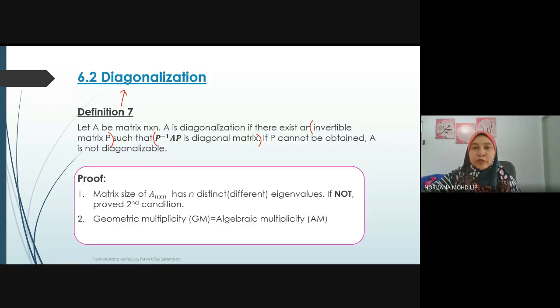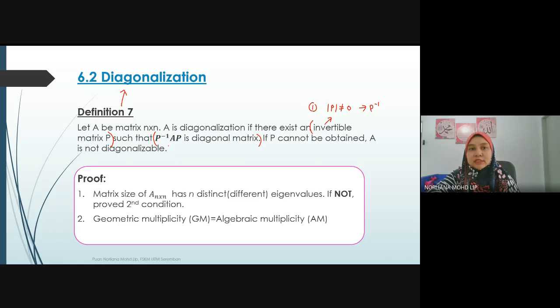Okay, first we have to prove whether matrix P is invertible or not. So we prove using the determinant lah. So determinant of P must not equal to 0. Boleh? First proof. If the determinant of P is not equal to 0, then we can find the P inverse. So if P inverse can be found, A is diagonalizable.